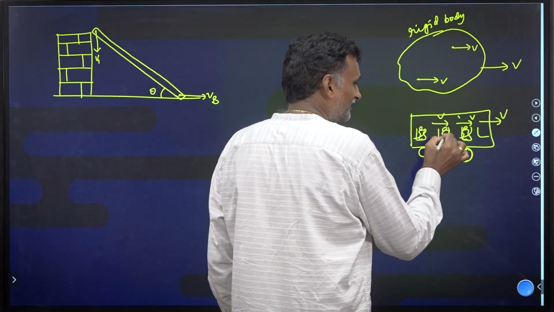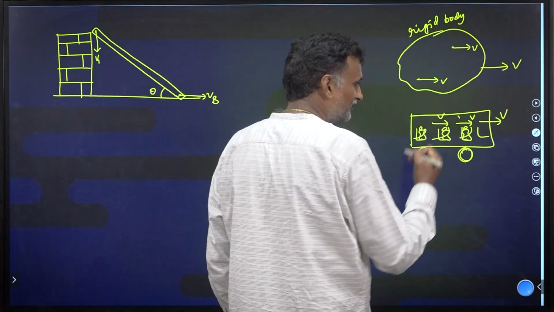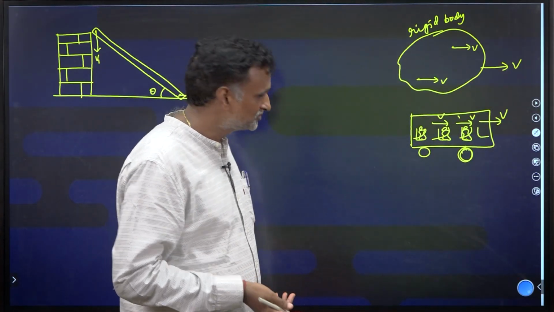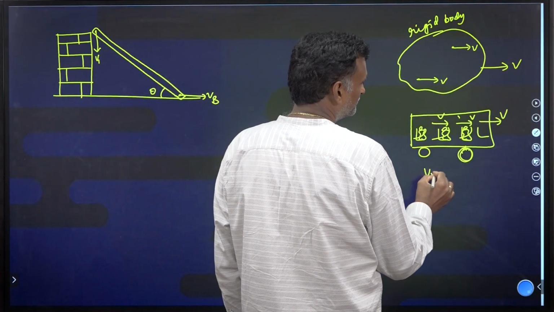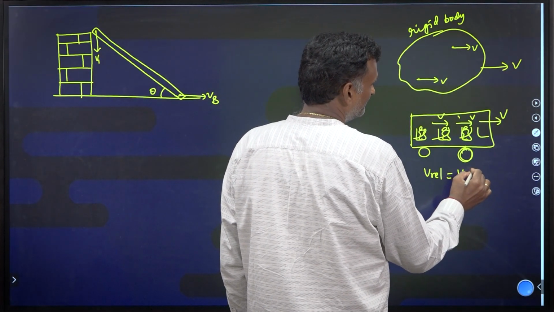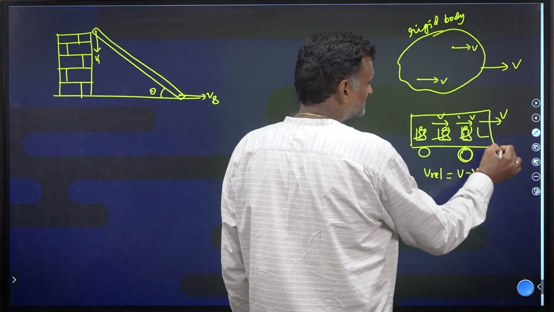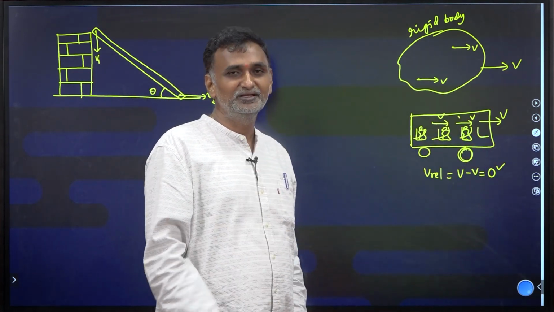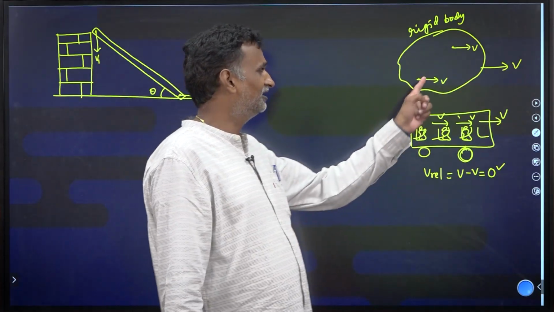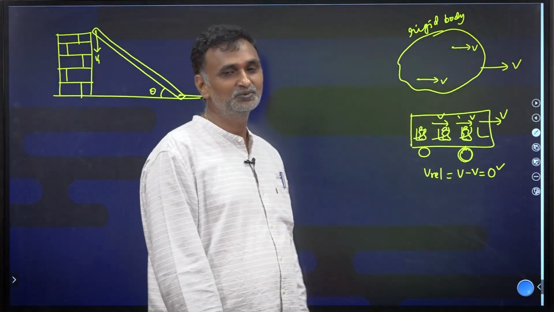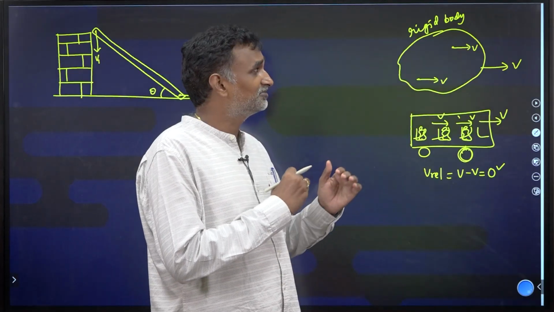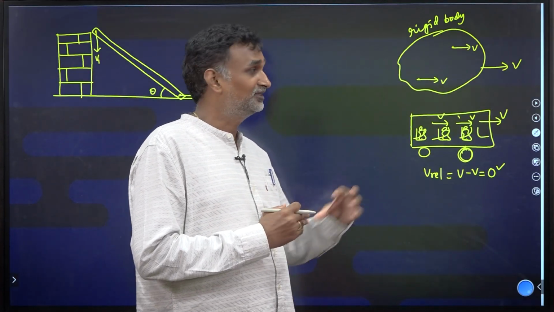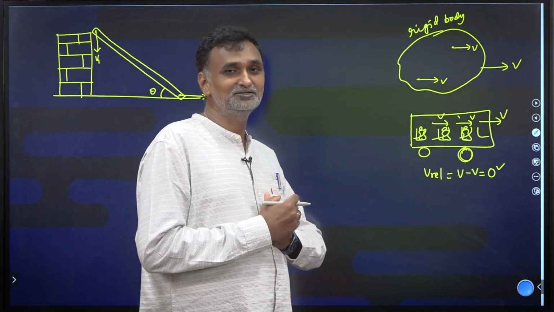Then what is the relative velocity between the first and second student? 0. So v relative is v minus v, 0. This is also one of the points we need to consider: the object is rigid when the relative velocity is 0, meaning there is no relative separation between the particles of a rigid body. Then only can we consider it a rigid body.